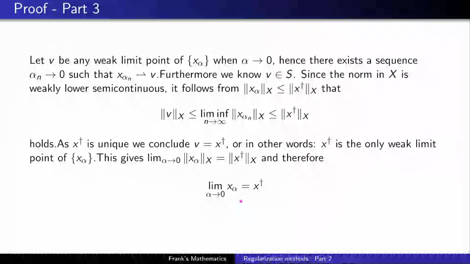And there we are. This finishes the proof. We have shown that our solution x alpha is strongly converging against x dagger. I know that we have made use of some deeper functional analysis results, but I think the proof is quite nice and shows the properties and the possibilities of the Tikhonov regularization quite nicely.